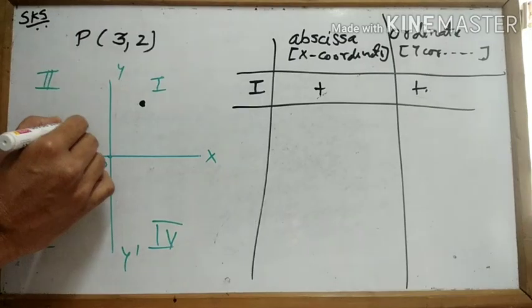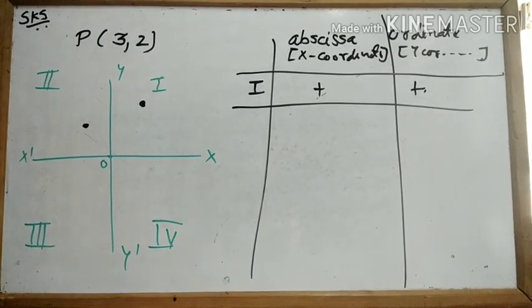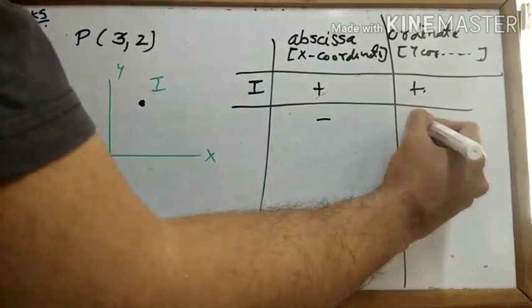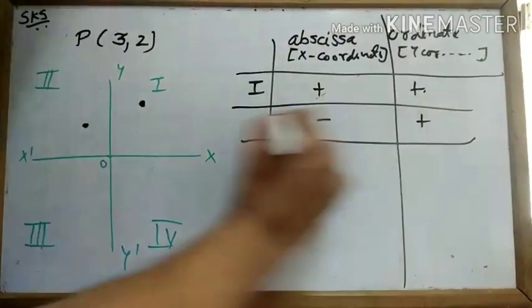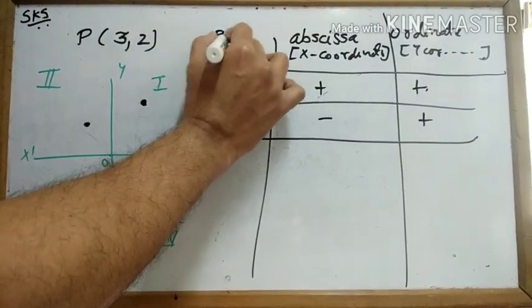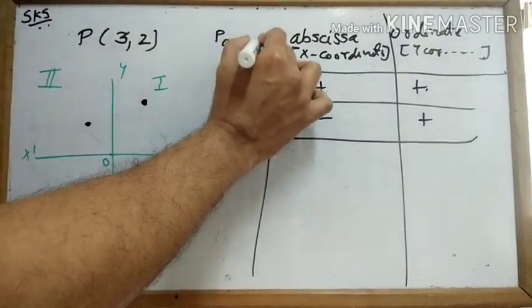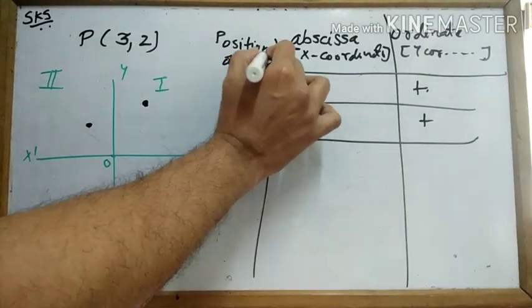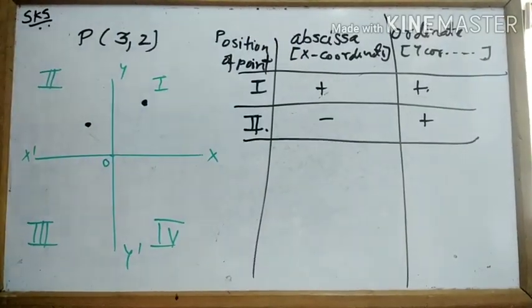If the point is in region number 2, what happens? Your abscissa, that is the x coordinate, becomes negative and the y coordinate remains positive. So this is the position if the point is in the second quadrant. This column represents the position of the point: either first quadrant, second quadrant, third quadrant or fourth quadrant.